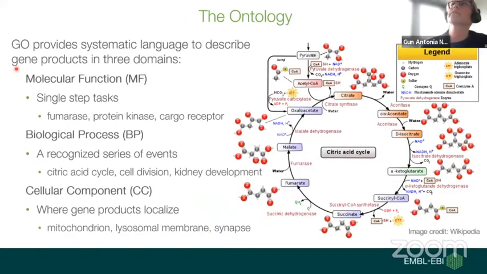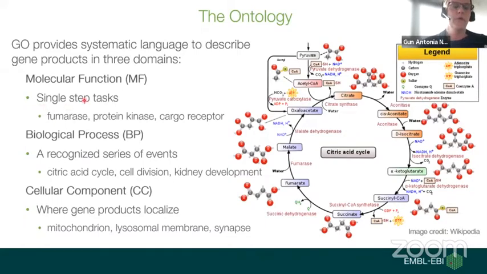And as I already mentioned, the Go ontology consists of 3 different aspects or domains. You have the molecular function aspect, and this refers to terms that describe single-step tasks of proteins or other gene products.